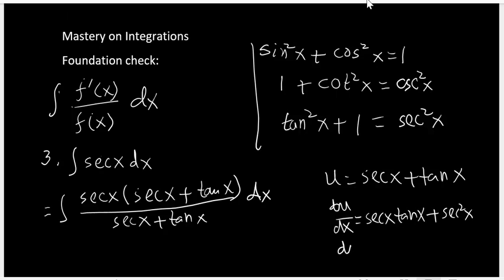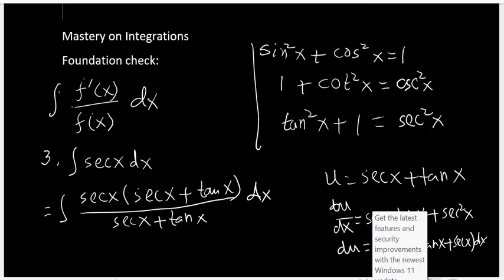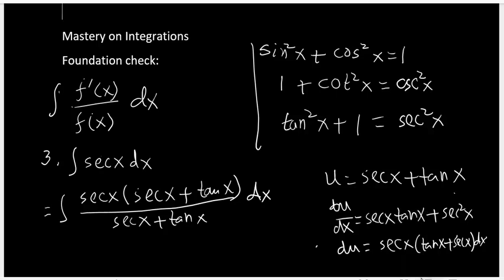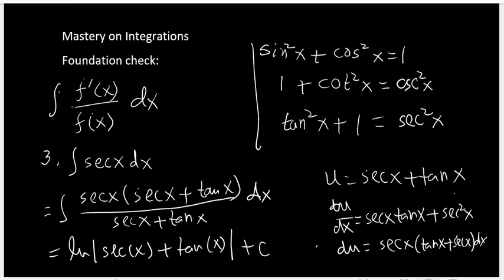Now you can easily see that du is, if I factor out secant x, secant x times tan x plus secant x dx. So you can clearly see that the denominator's derivative is in the top. So then what happens in this case, we can just say that my integral is natural log of secant x plus tangent x, right? So this is the integral. Very fast you can get it.